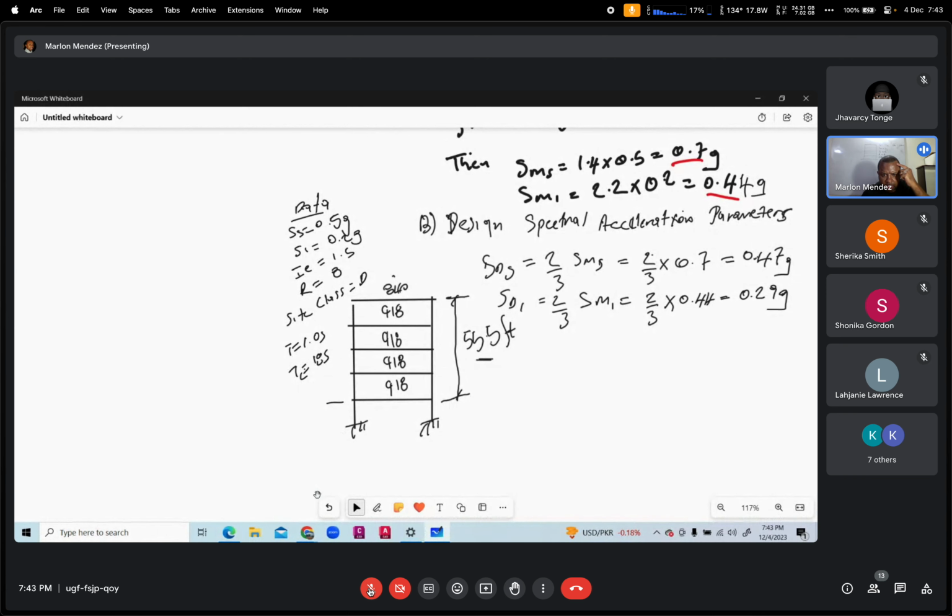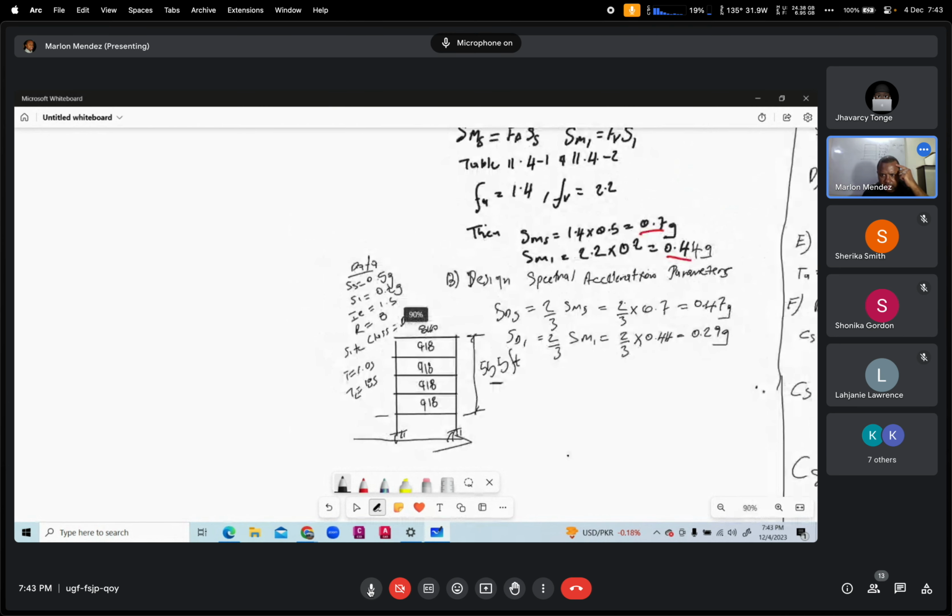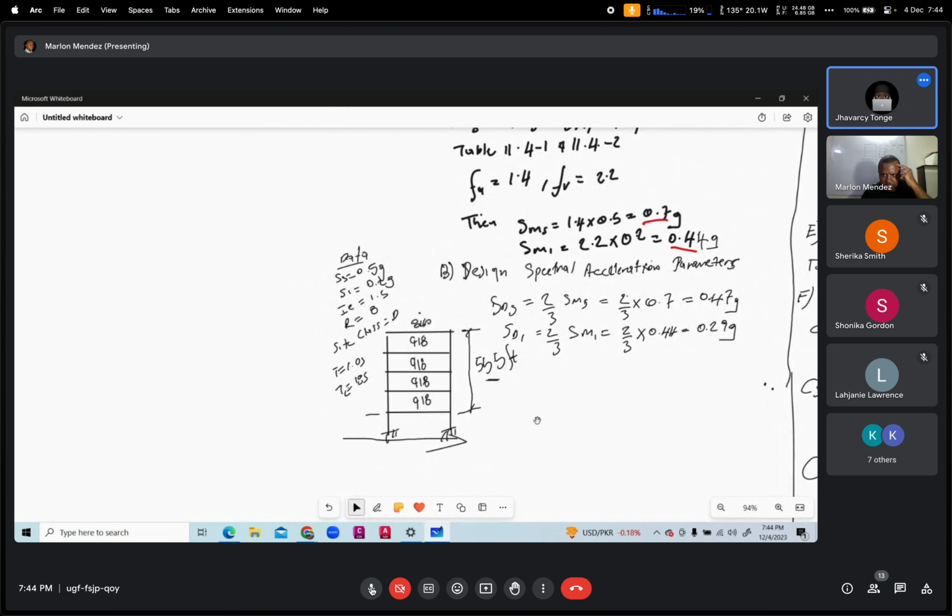Based on the base shear, which is right here, we want to now distribute the base shear over the structure. Do you understand how I get the weight? All clear on that?